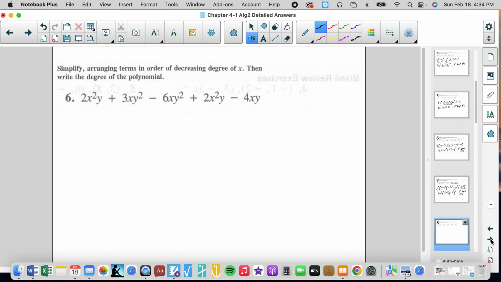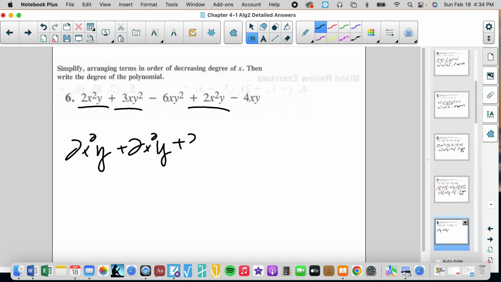Alrighty. We're going to do 2x squared y, and we have plus 2x squared y, and then we have plus 3xy squared minus 6xy squared minus 4xy.